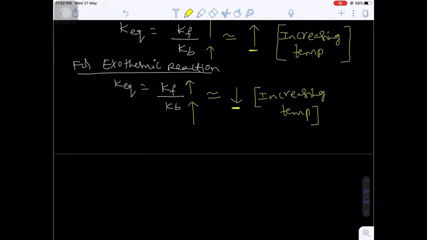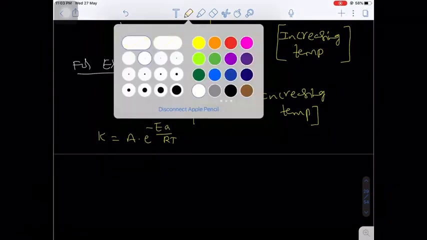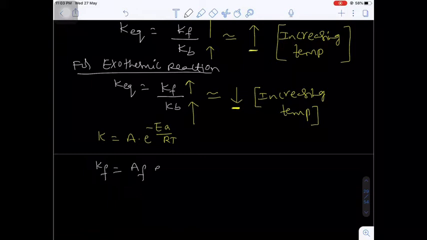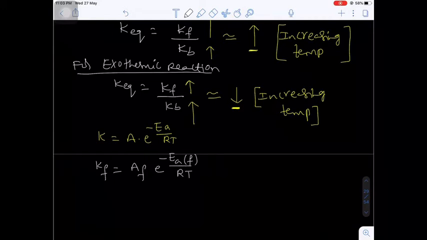Okay. Now here, once again I am writing the Arrhenius equation: K is equal to A into e to the power minus Ea by RT. Now here I am writing for forward and backward reactions. For the forward reaction, Kf is equal to AF e to the power minus Ea(F), the activation energy for the forward reaction only.